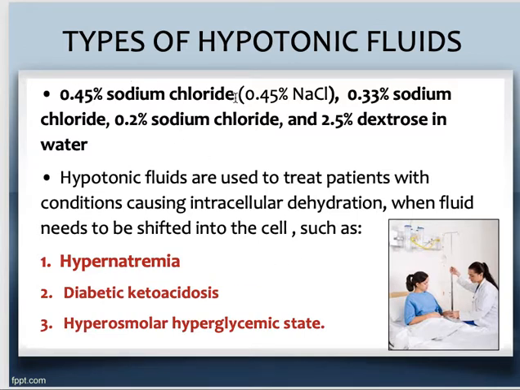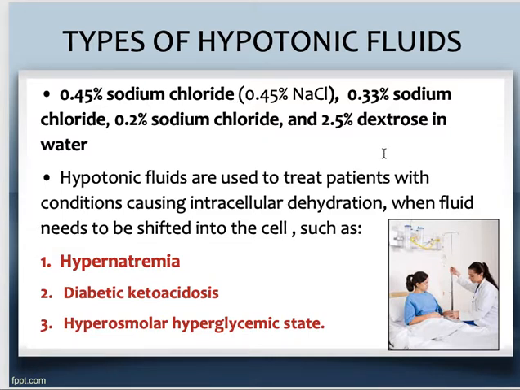What does half normal saline mean? In normal saline, in 1 liter of water, they have mixed 154 milliequivalents of sodium and 154 milliequivalents of chloride.